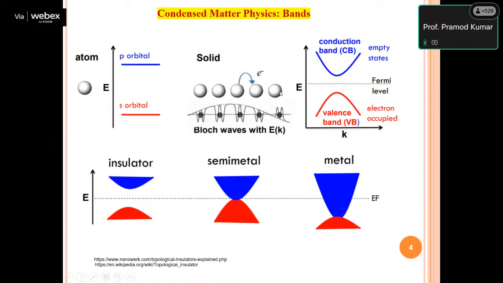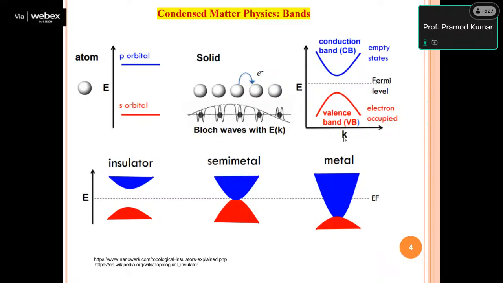So now the question is how we can understand these materials. If we remember, through solid state physics and the band diagram, whenever we have any material, we have two types of bands: the conduction band and the valence band, and in between we have a gap.